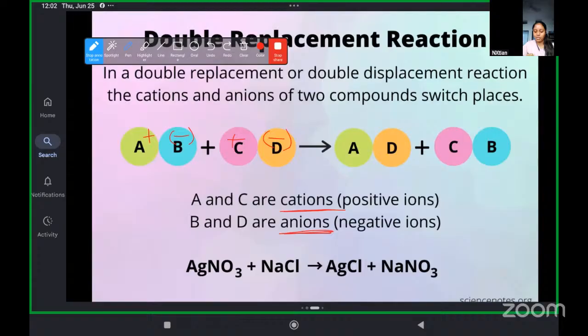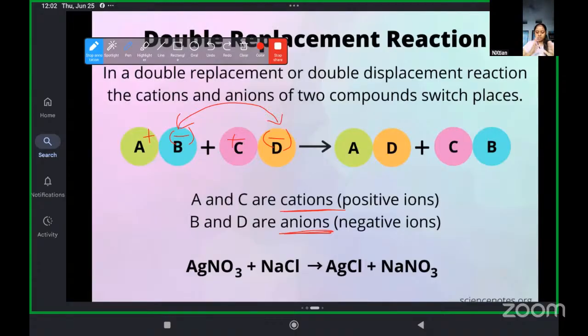So what is happening during a double displacement reaction is that B gets displaced with D. D gets replaced with B. Means the negative charges that are there, they switch places.